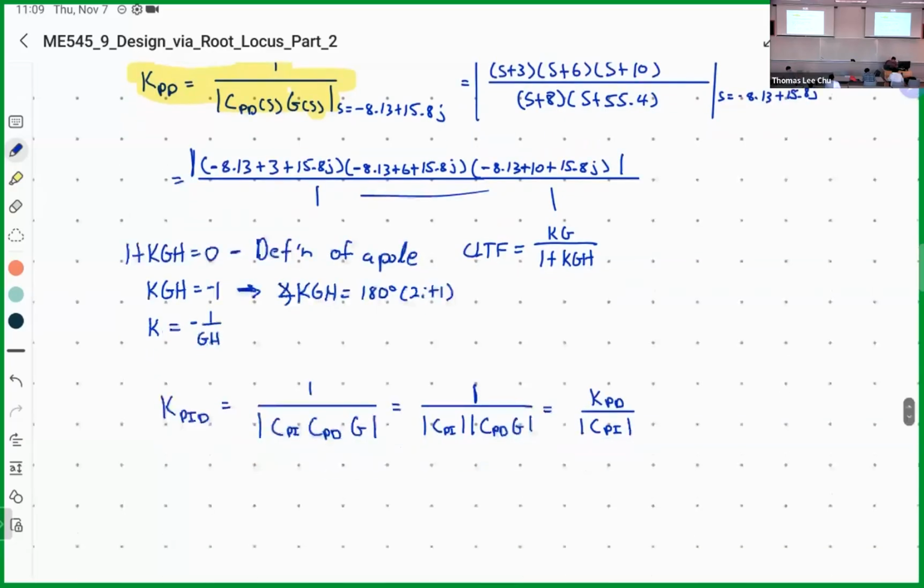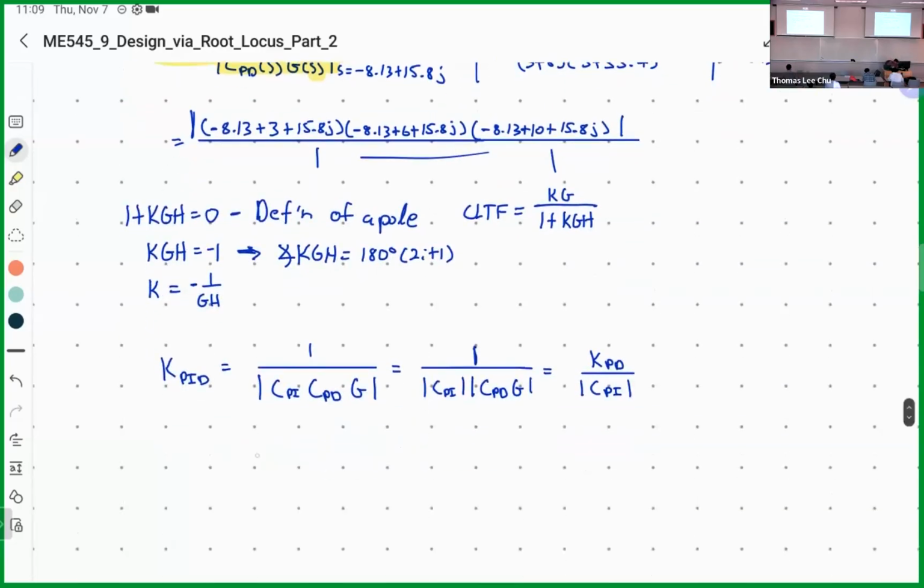All right, good. So then I'm just going to multiply this by KPD, and then write out CPI. That's going to be the absolute value of our pole at the origin divided by the absolute value of our zero.